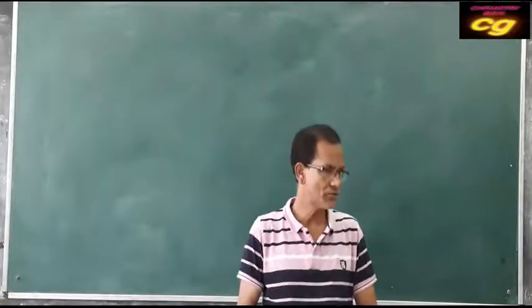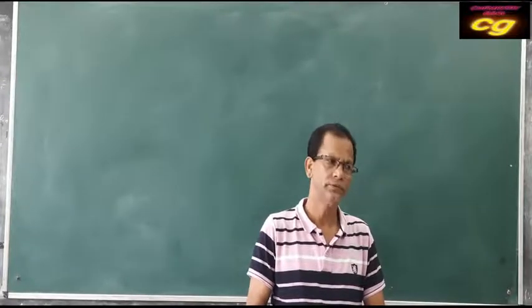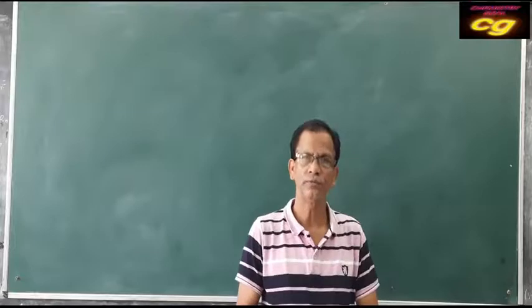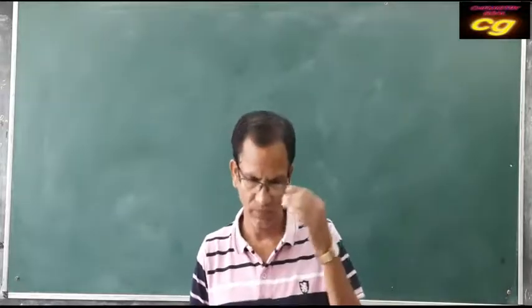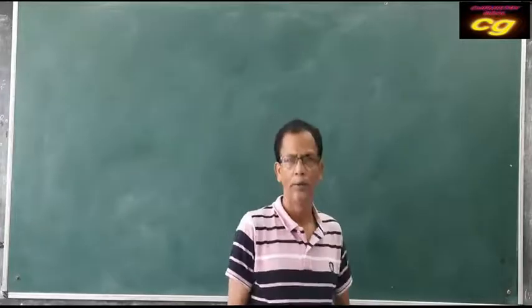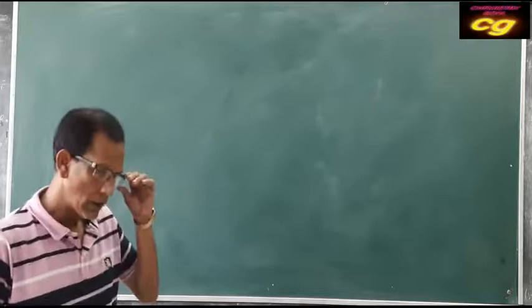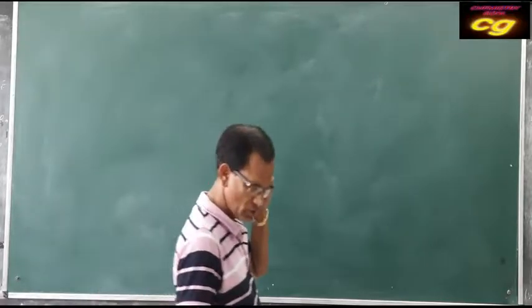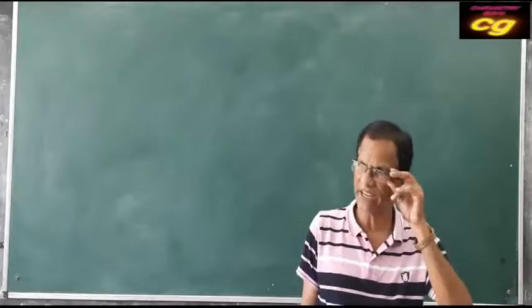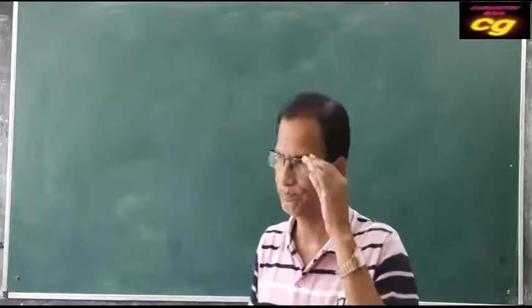In the last class we discussed the mechanism of nucleophilic substitution reactions, mainly SN1 and SN2. But we know haloalkanes mainly show two types of reaction: nucleophilic substitution and elimination.